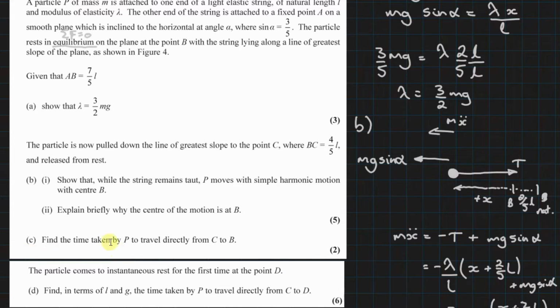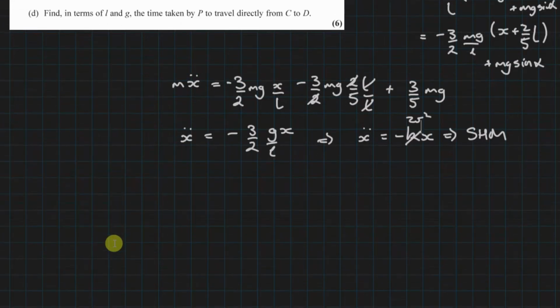Right, part C, calculating the time taken by P to travel directly from C to B. Now, quite a few people had one problem with this, and that was trying to work out what the particle is going to do. So we've got C, the equilibrium, and let's imagine this is a spring first. This is just a side note, so let's do it in a different colour.